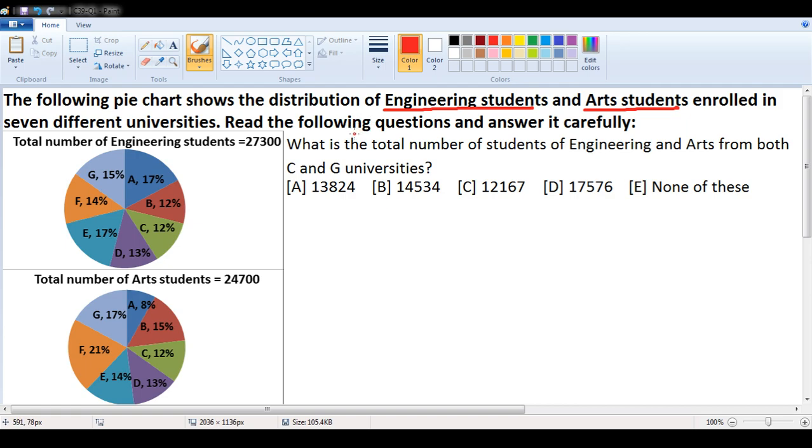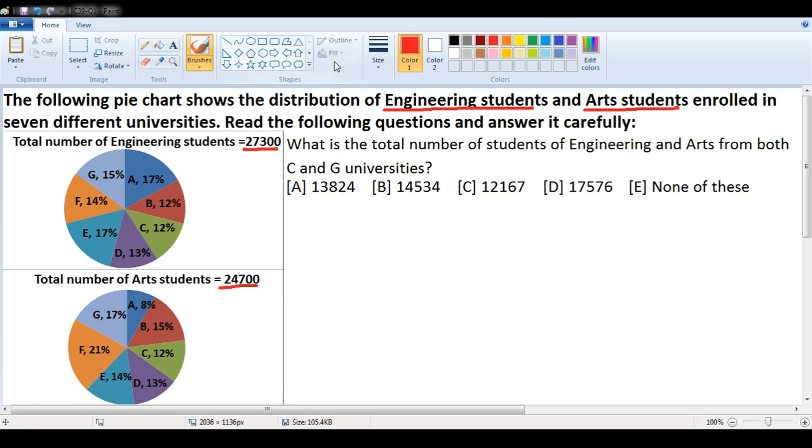Read the following questions and answer it carefully. Now, the first graph is telling you about engineering students. Total number is given as 27,300. The second graph is telling you about art students. Total value is given as 24,700. And there are 7 universities A, B, C, D, E, F, G. So all the values are given in the pie chart, right?